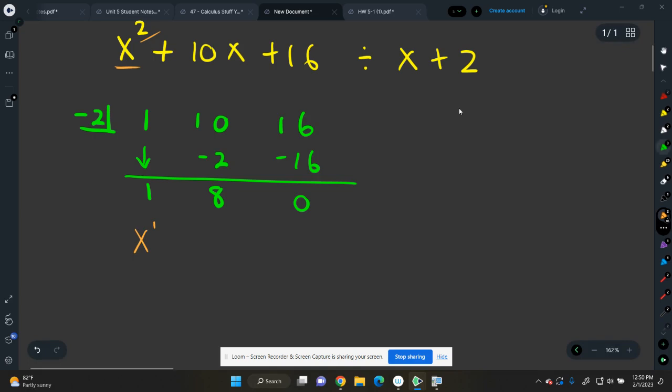So this is 1 x to the first plus 8. Now there's no x, or it's actually x to the 0, but what's x to the 0? 1. So we don't even have to put that there. So our answer is just x plus 8 with a remainder of 0. That's my remainder right there.